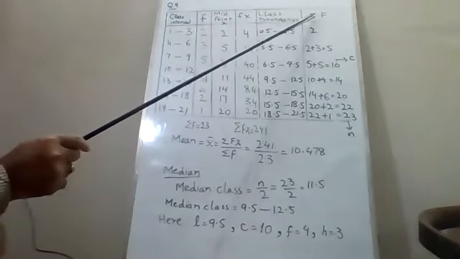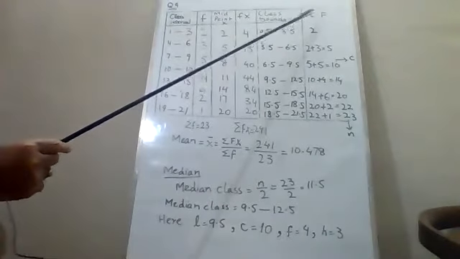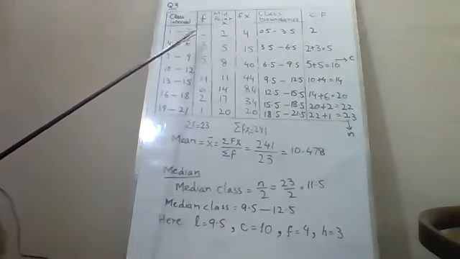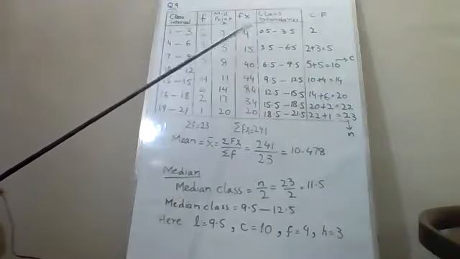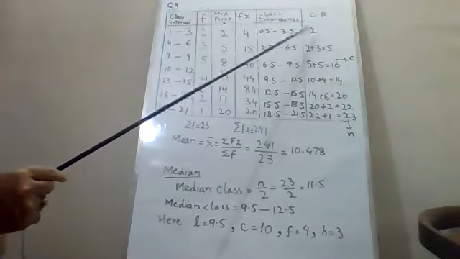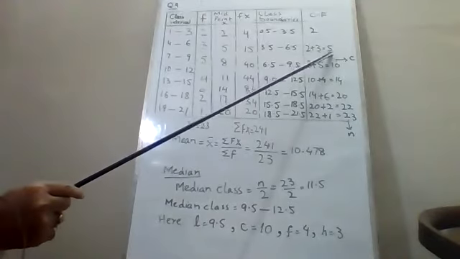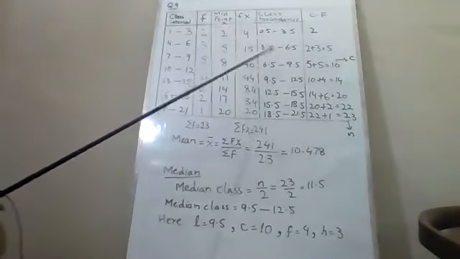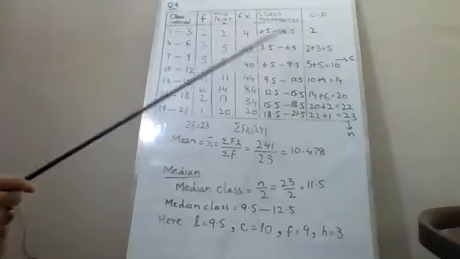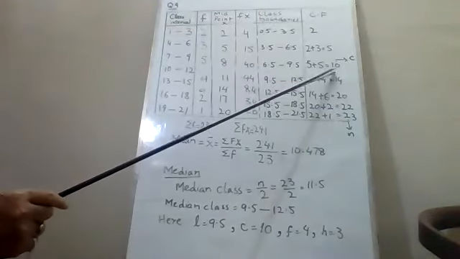Now we find the cumulative frequency. How we find the cumulative frequency? We will write first frequency 2 as it is, 2. Now we add this 2 to the next frequency 3. So 2 plus 3, it is 5. Then we add this 5 to the next frequency 5, that is 5 plus 5, it is 10.